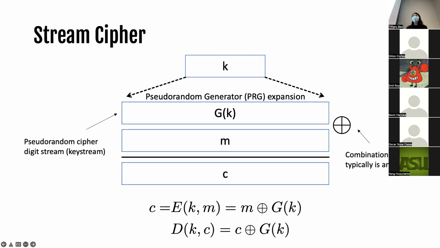So suppose that there is a key, denoted by K, and then it will first expand the key with a pseudo-random generator. Basically, you change this key into a pseudo-random sequence, but it's going to be related to the key K. Then, having the plain text M, you XOR the plain text with this pseudo-random generated number, right?